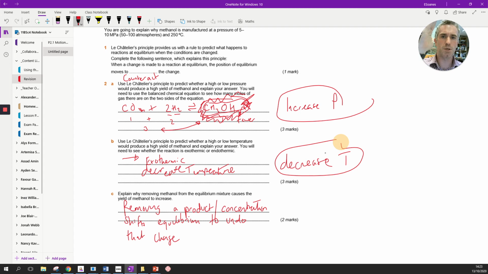But we want them to go in opposite ways. So there's no perfect. We can't have low temperature and high pressure because those things are kind of working against each other. So what we have to do is meet them somewhere in the middle. And by meeting somewhere in the middle, you get a bit of a higher pressure and a bit of a lower temperature. And it's not perfect, but it's not bad.